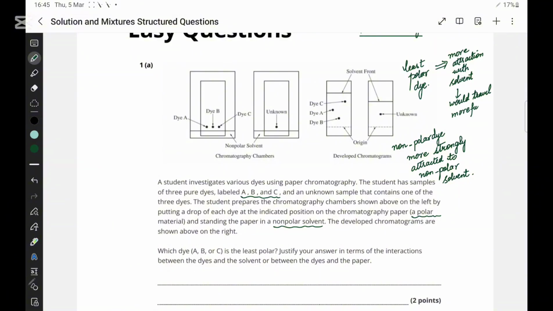So which dye has traveled the furthest? That is going to be dye C, which is the least polar.